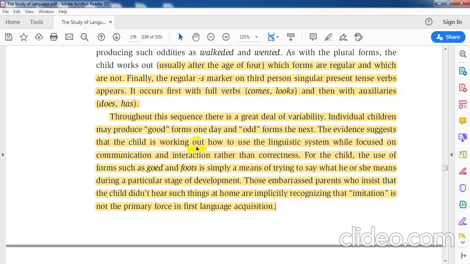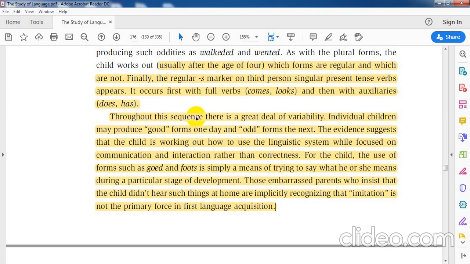Let's see. Now, let's say, are these good forms or maybe irregular or odd forms stable or what? And what about the theory of imitation that we detailed and described in the other video? Now, let's see here. This paragraph answers these two inquiries.